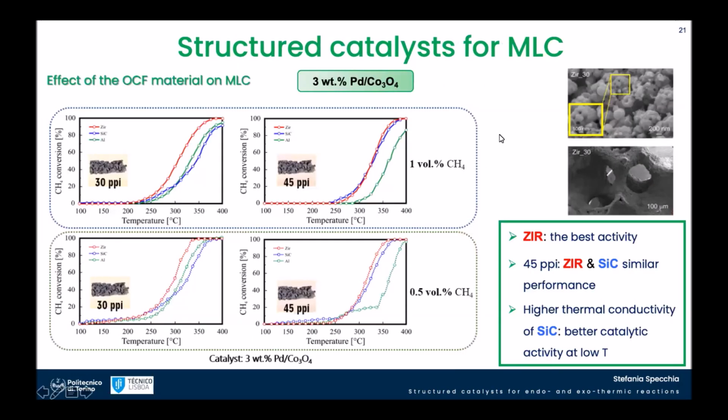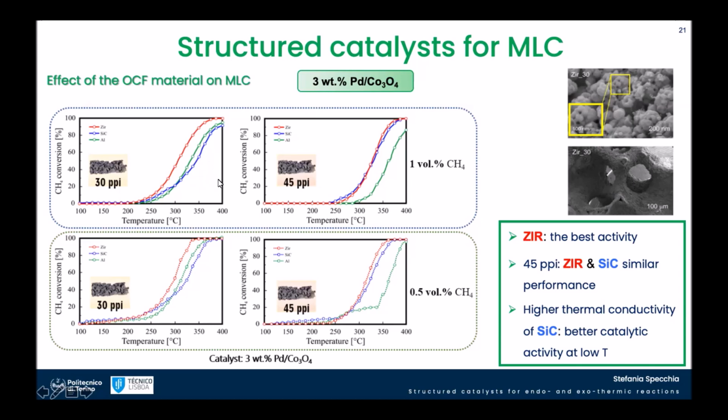Then we tested the foams covered by the catalyst, also here 30 ppi or 45 ppi, towards methane lean combustion, by feeding 1% of methane with 0.5% excess of oxygen. Here you can see the extinction curves, and this is the methane conversion.